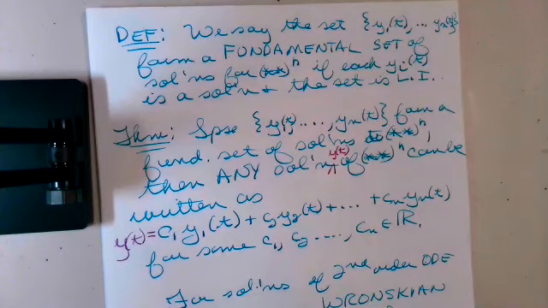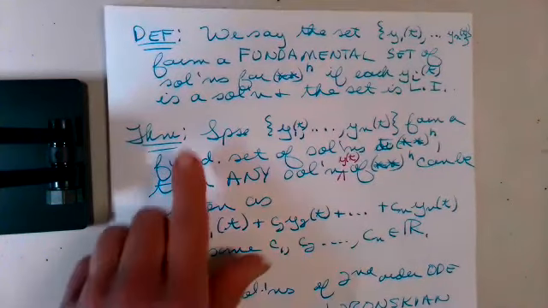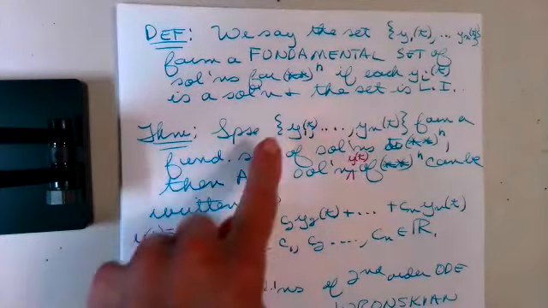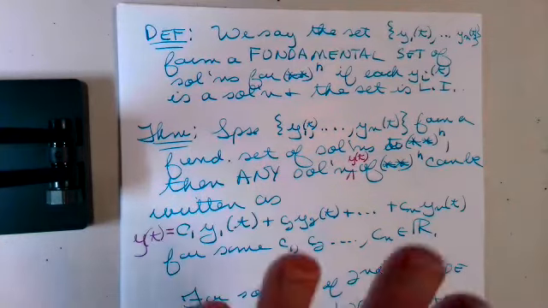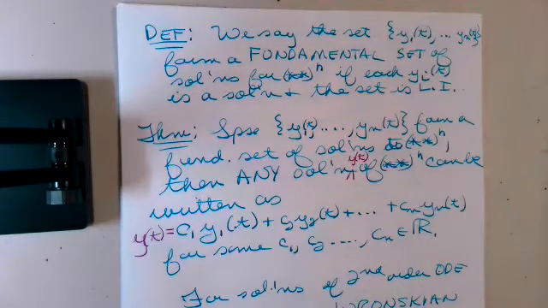We have a fundamental set of solutions for that equation if each yi is a solution and the set is linearly independent. So you need two things. They all have to be solutions and they all have to be linearly independent.